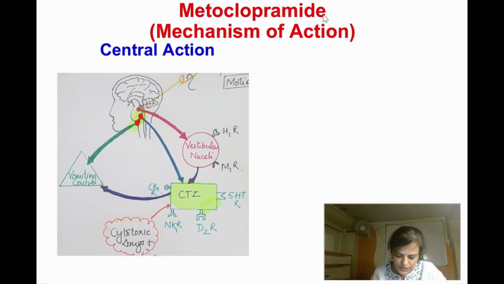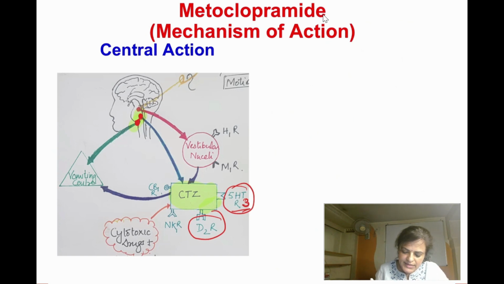Now, on the CTZ, you can see various types of receptors, especially the D2 receptor, and the 5-HT3 receptor, they are also there. Now, metoclopramide, though I have classified it under D2 receptor antagonist, acts on other receptors also, like it is a 5-HT3 antagonist on the central nervous system.